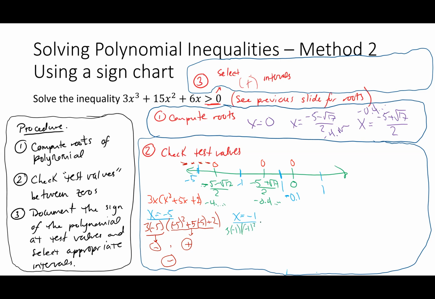I get -1 squared. Again, you're going to see me be kind of quick about this because of practicing with these types of numbers. So 3 times -1, that's going to be a negative. And then negative 1 squared, well, that's 1, plus 5 times negative 1, that's negative 5. So then negative 1 minus 5, that's negative 4, plus 2. That's going to be a negative. And this is a negative times a negative, so this is going to be a positive. All right, cool.